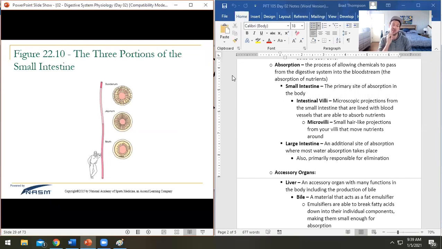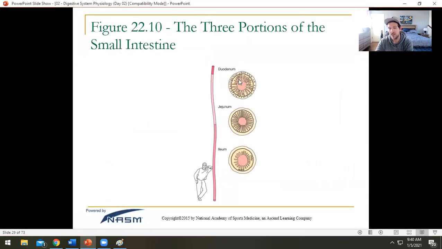And that's where it's really going to do a lot of this final chemical breakdown, right? But then it's going to move into your jejunum and your ileum, which are the next sections. You'll notice, by the way, this is a little bit more muscular than these two are. The reason for that is because there's a little bit more digestion happening here. But this is where the heavy lifting of absorption takes place.